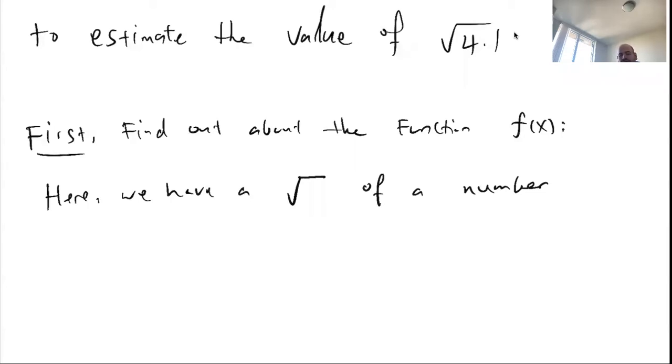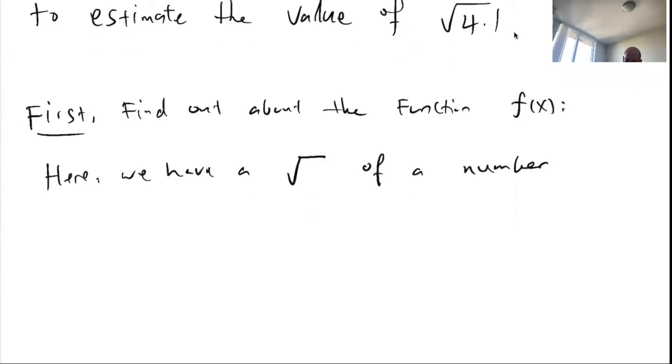If it's e to some power, then f of x can be considered as e to the x. If it's a cube root of some number, f of x could be cube root x. So just look at the form of a number, and based on that, make a guess for the form of f of x. Here it is a square root of a number, so f of x.